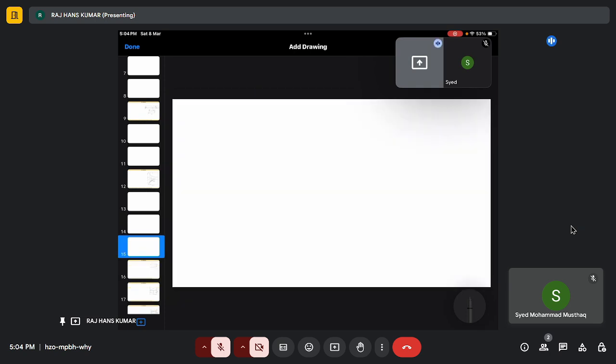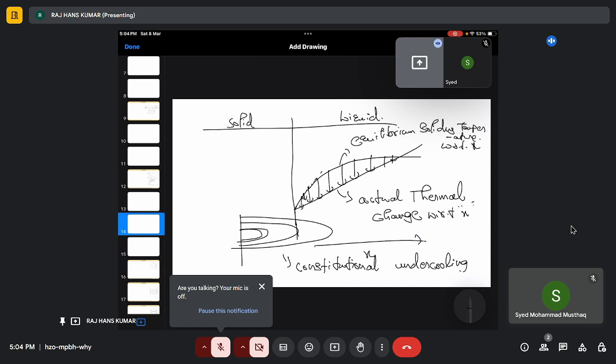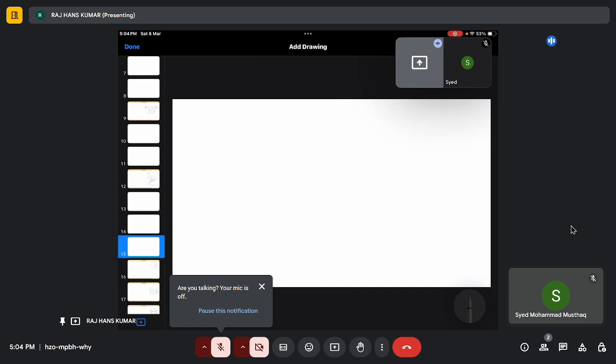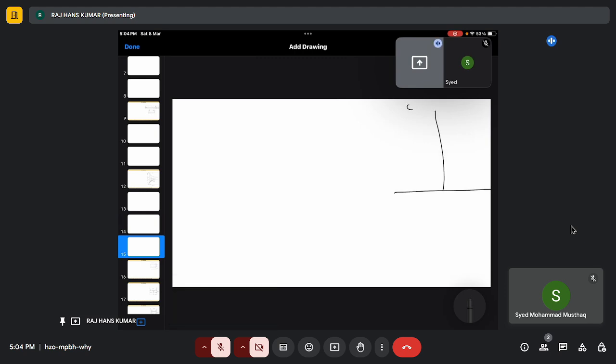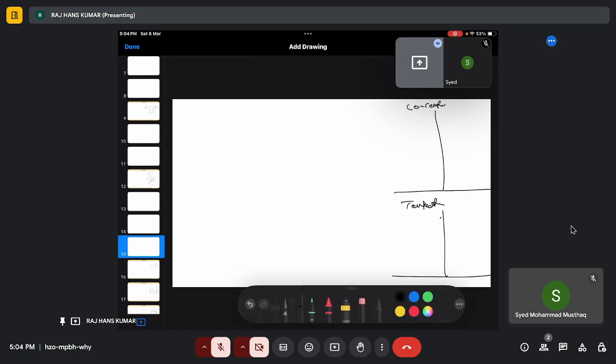And for constitutional undercooling to happen, what are the three things that we need to know? Right? And because of this, at this point, we are talking about concentration here, and we are drawing temperature versus x, right?